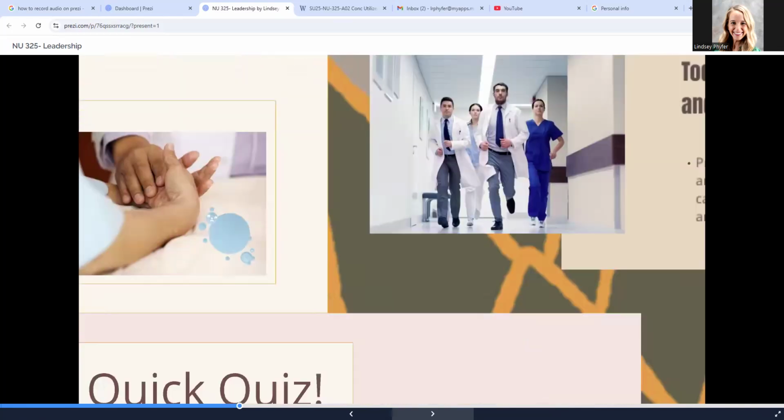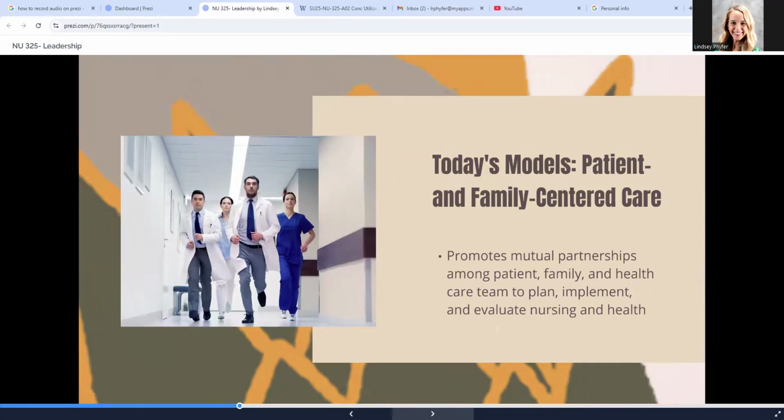So we've talked about 2 traditional models. Let's talk about 2 of the more modern day models that you will more than likely see implemented at different healthcare facilities now. The first one is patient and family-centered care. Patient and family-centered care promotes mutual partnerships among the patient, their family, and the healthcare team to plan, implement, and evaluate nursing and health.